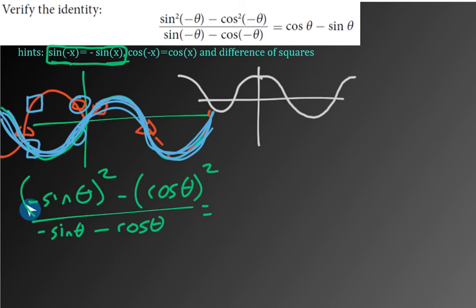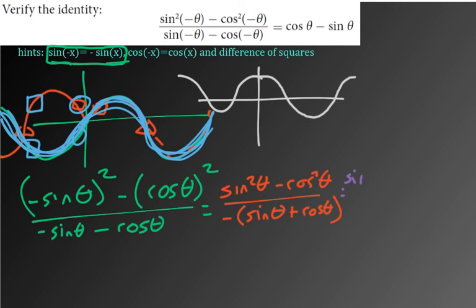And we know that when we square a negative, it's positive. So that part now becomes sine squared theta, and then we have minus cosine squared theta. And then I might take out the negative 1 just because there's a negative in both of those. All right, this is a difference of squares, so whenever you see a difference of squares, it's always good to go ahead and factor it.